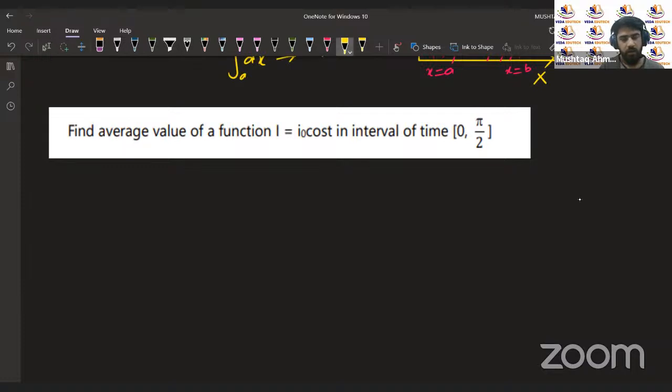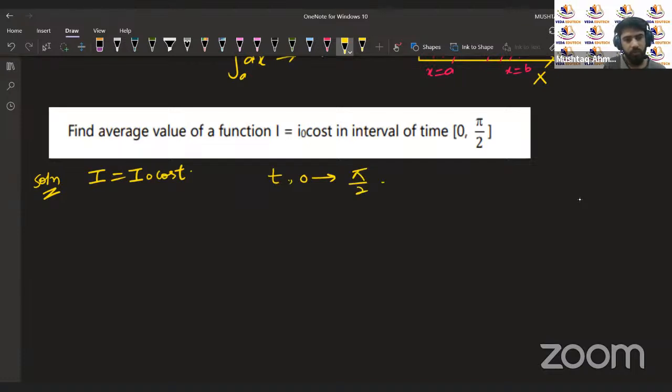Here we have been given the current as a function of time, that is I equal to I naught cos t, and we need to calculate the average of this function between the interval 0 to pi by 2. This is our interval, right?